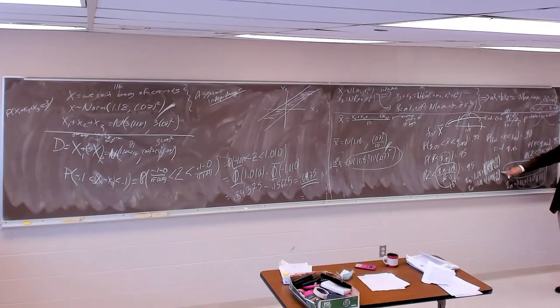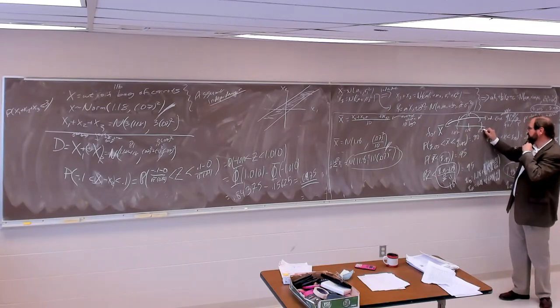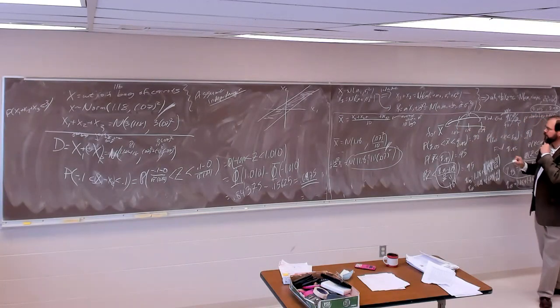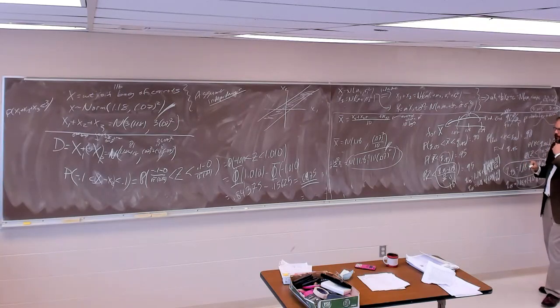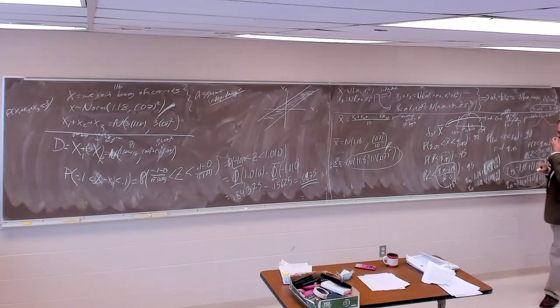How big would this interval be for x bar now? So the 90% interval for x is 1.07 to 1.29, and the 90% interval for x bar is 1.14 to 1.22. This is a smaller interval. By how much? Well, the square root of 10 is a little bigger than 3, so it's about a third the length of it.